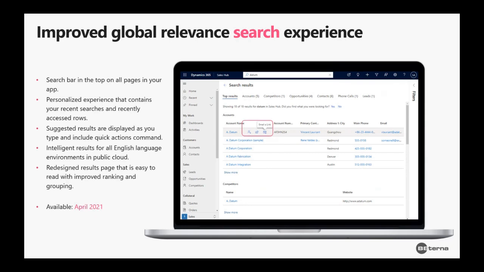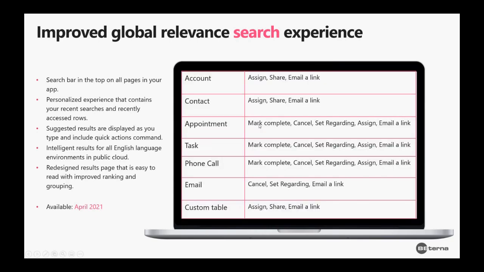Okay, so if we go back to these quick actions that we see here on the screen, we have a bit of an explanation of what we can actually do. For account and contact, we can assign, share, or email a link directly from the search page, or the quick results that we see on the top of the window.